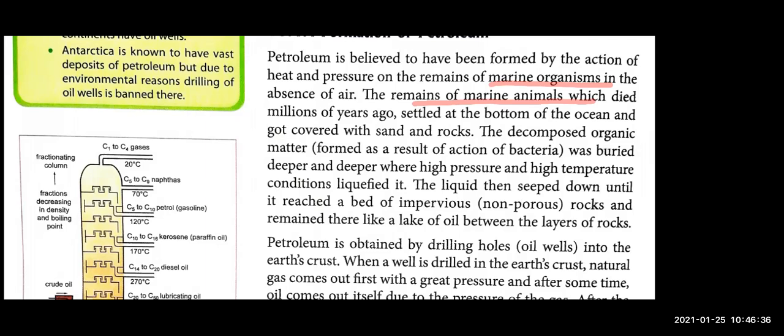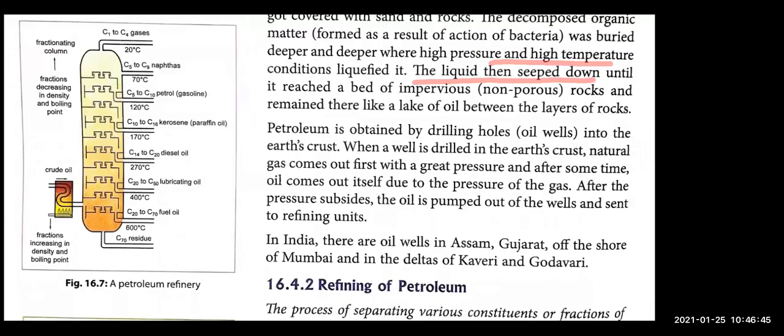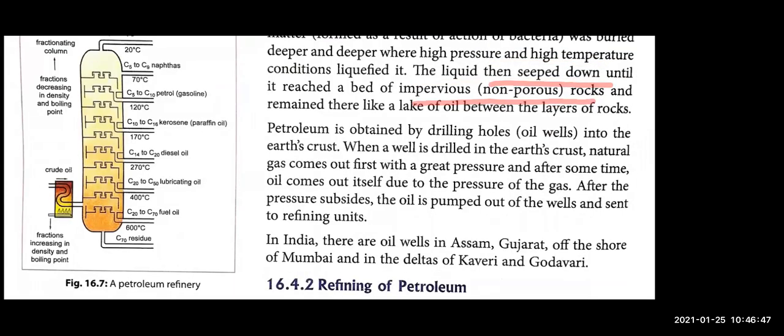Then how petroleum is obtained? Petroleum is obtained by digging holes into the earth crust. When you dig a hole, the first thing that comes out with a great pressure is the natural gas, with tremendous pressure.